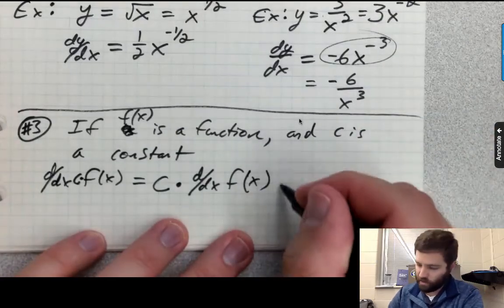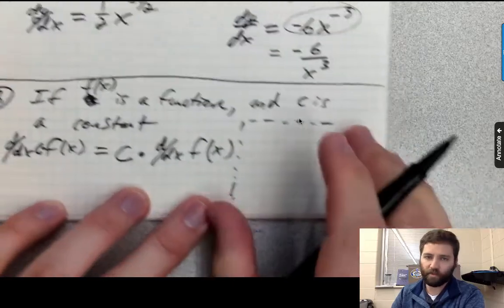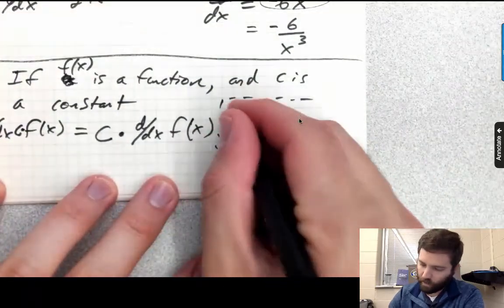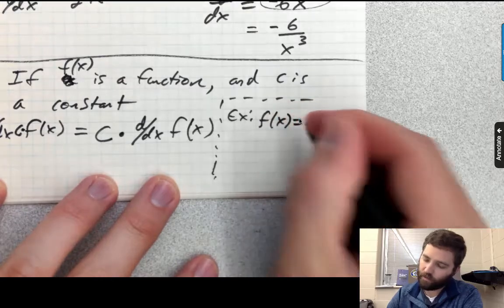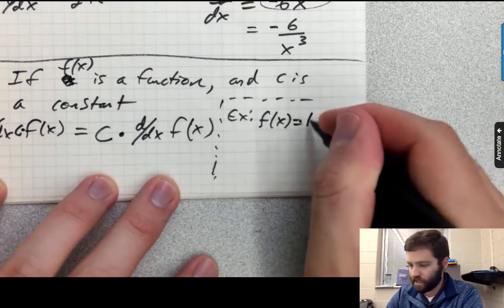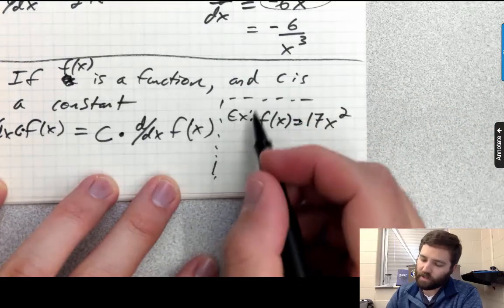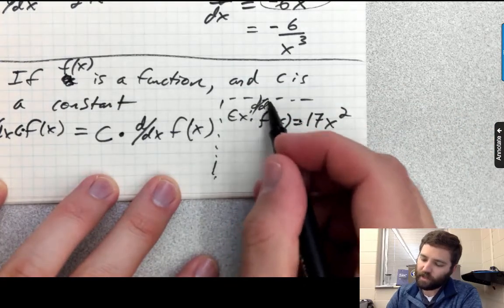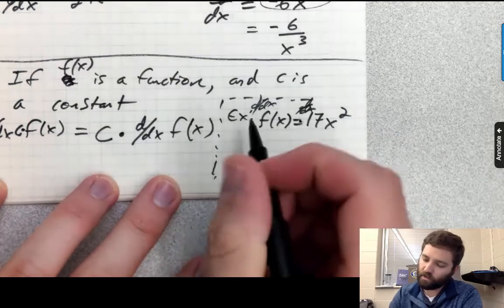I'm running out of space on the sheet of paper, but just to give you a quick example of this, if I gave you that f of x was equal to, I don't know, 17x squared, and I said, all right, we'll take the derivative of each side, d dx of the left, d dx of the right. Here's what you could write.